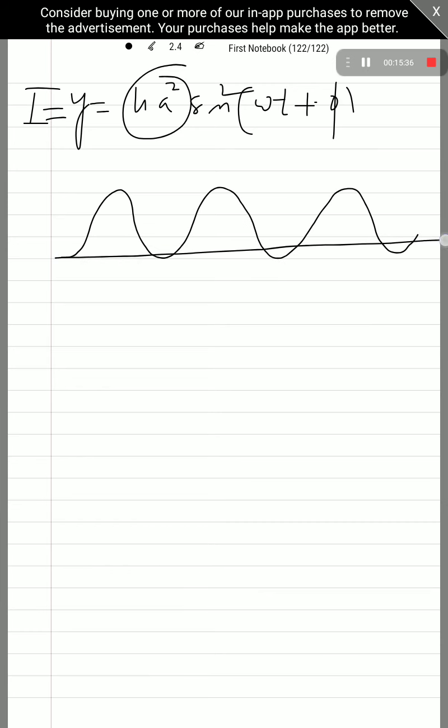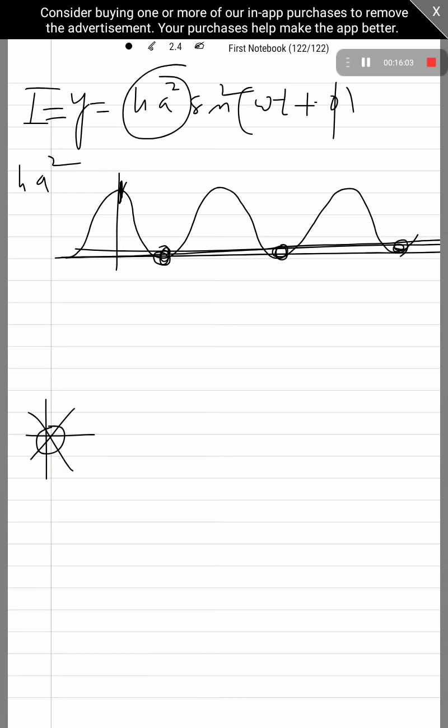This is the zero line, for example, and this is the y-axis. So this is 4A square. And these are minima, at the values when phi is satisfying in such a way that it will give you minima.